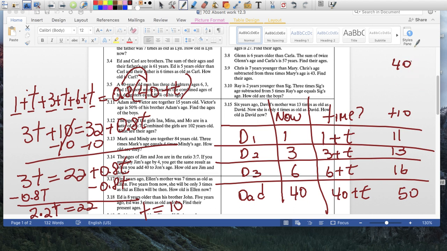Okay, so the daughters' ages in 10 years are going to total 40. Is 40 80% of 50? So what is 80% of 50? If you took 0.8, which is 80%, and you multiply that by 50, you would get 40. So we're right. In 10 years' time, the sum of the girls' ages will be 80% of the dad's, which is going to be 40.